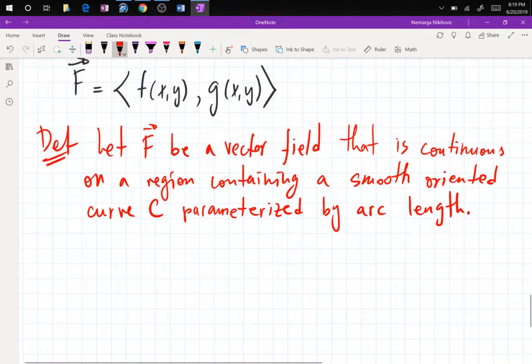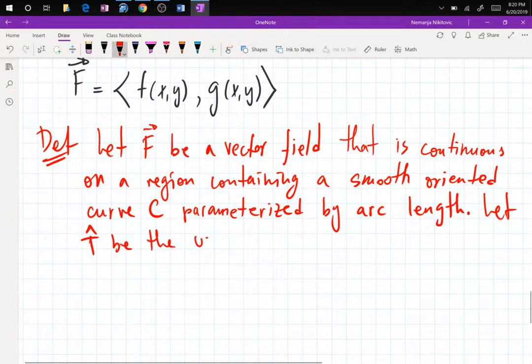Let T, so T hat, be the unit tangent vector. Hey, hello unit tangent vector, welcome back to our lives. What was the formula for the unit tangent vector? Yes, r prime divided by the magnitude of r prime.